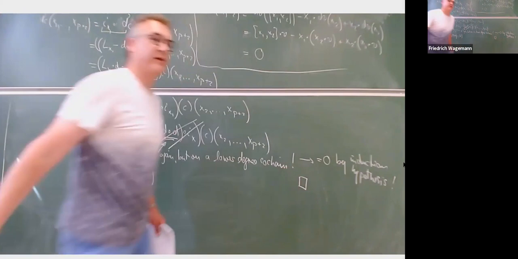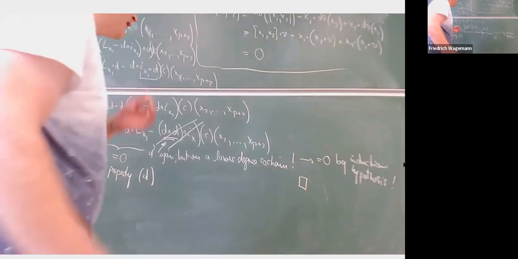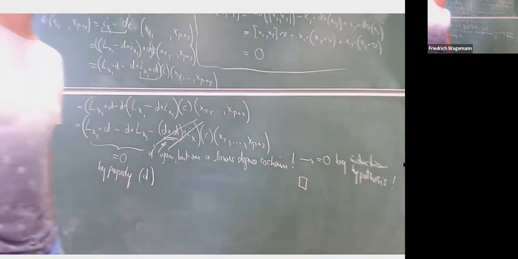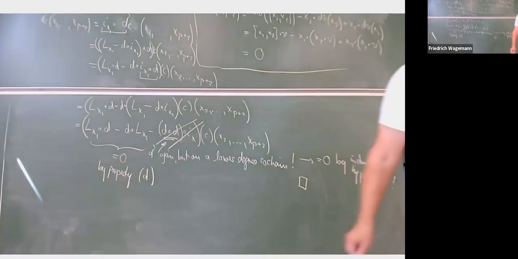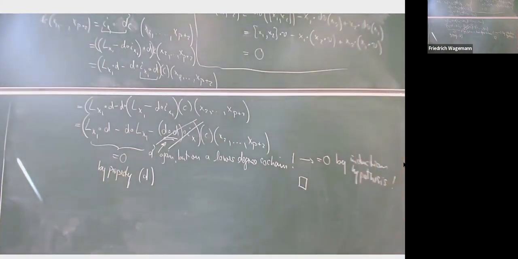Yeah, and so this shows that d squared is equal to 0. Okay, you see that with the Cartan identities, this works very automatically.